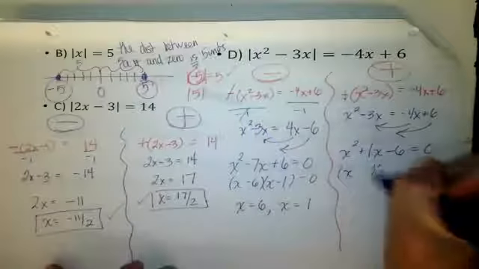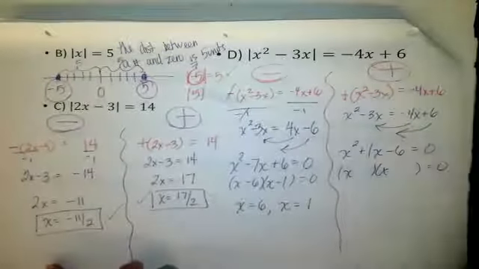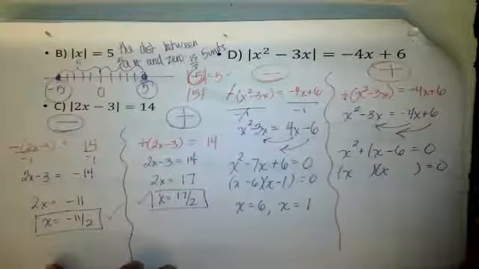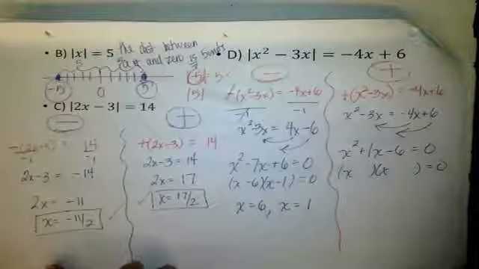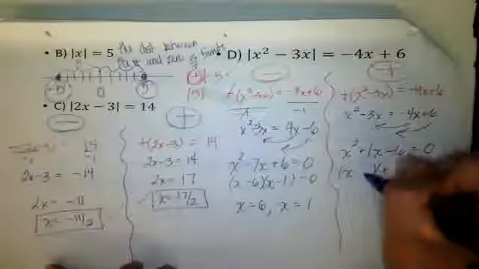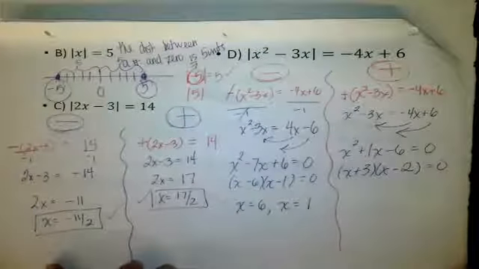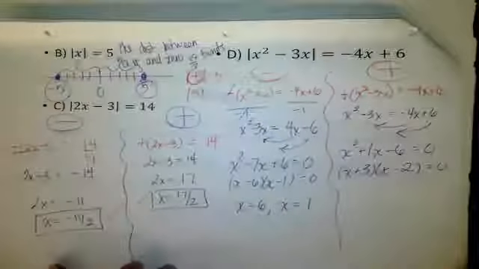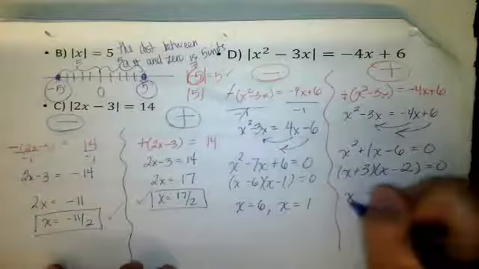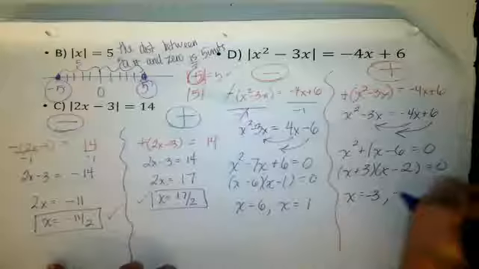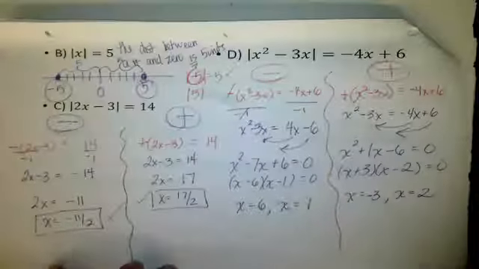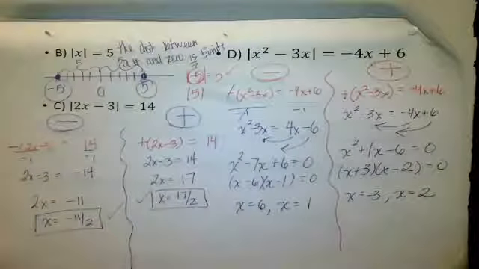All right, so we have x, and what times what is -6? Or +3 and -2. How do you know if you did it right? Check the rainbow, because it'll work. Check the rainbow. All right. So 4 possible solutions here.